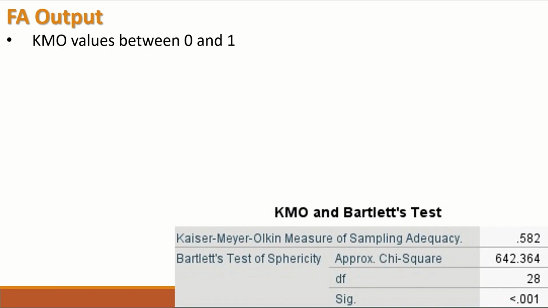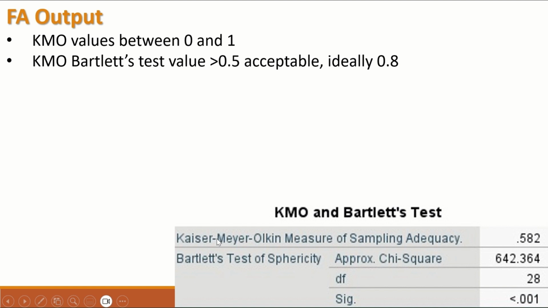The next slide describes how to check the adequacy of sampling by performing the Kaiser-Meyer-Olkin measure of sampling adequacy, as shown here in this small table, KMO and Bartlett's test.